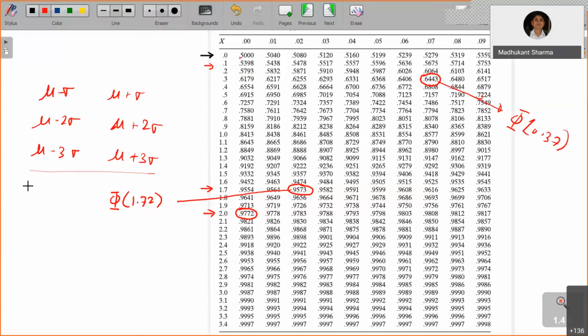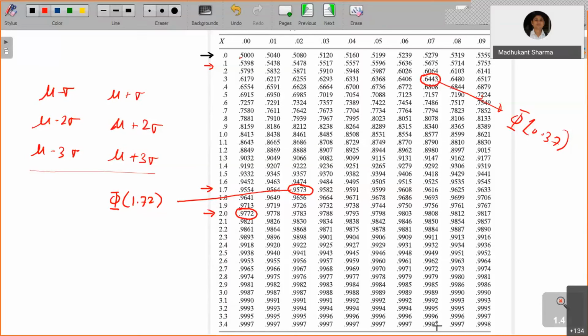And if you go with mu minus 4 sigma to mu plus 4 sigma, where mu is 0 for this standard normal variable and sigma is 1, then all values will lie between minus 3.5 and plus 3.5. So for the confidence interval, the area will be more than 0.997 or so, which you will see when you talk about estimation techniques and all.